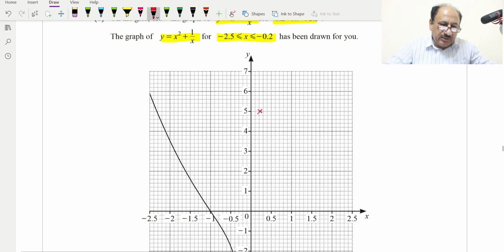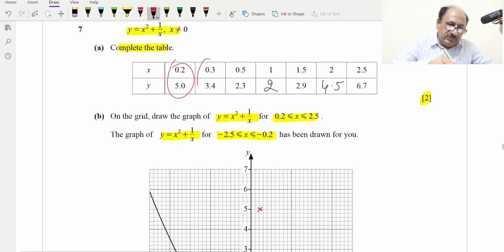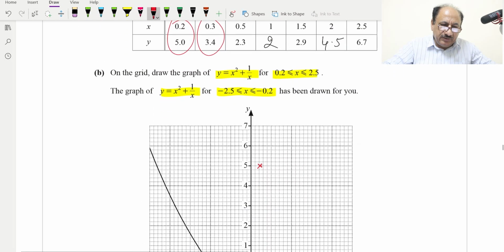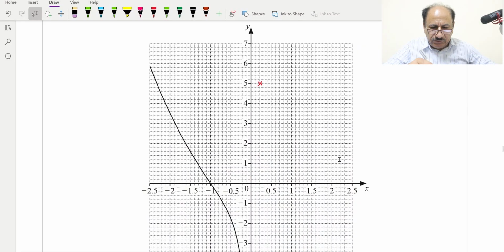Hopefully you are understanding. The next value is 0.3 and 3.4. 0.3 and 3.4. I will take the help of the scale. 0.3 and 3.4 will be this mark.